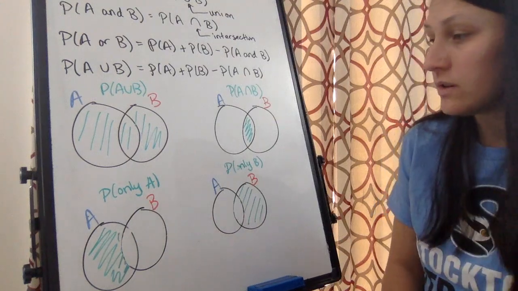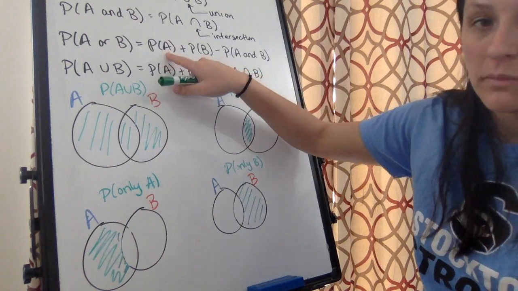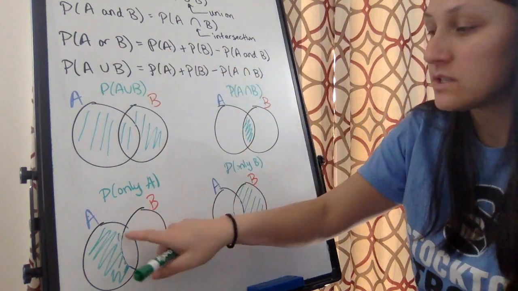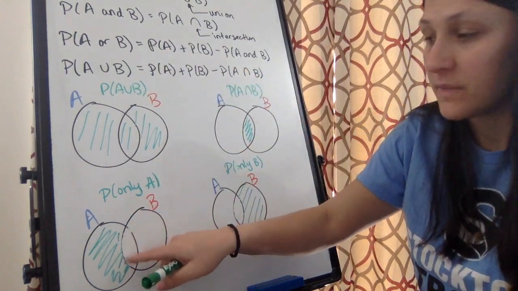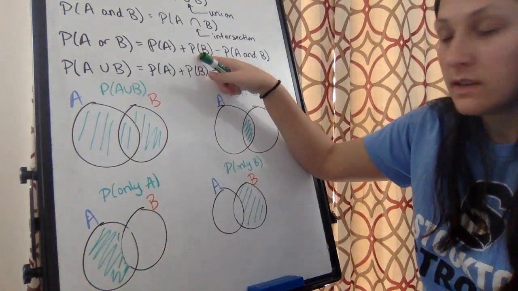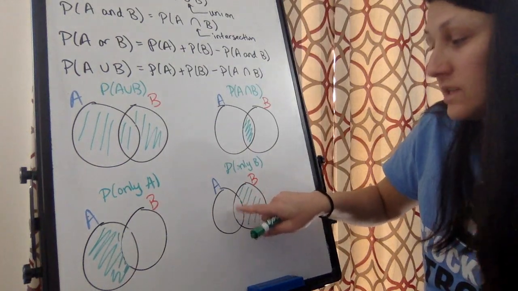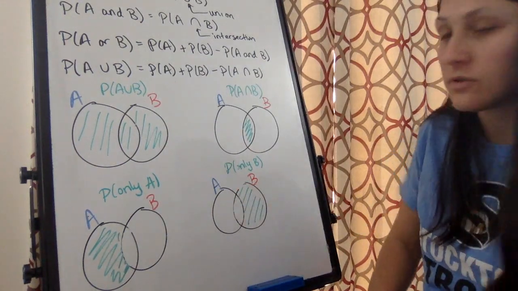So here's 4. The other 2 that we just had were what you see here, the probability of A, which includes stuff that might also be in B. It's everything that's in set A. And also the probability of B, which includes stuff that might also be in A. It's everything that's in B, this whole circle.